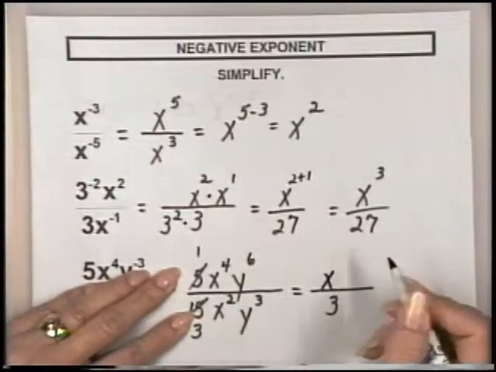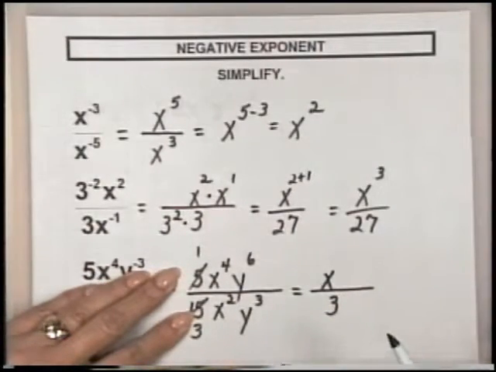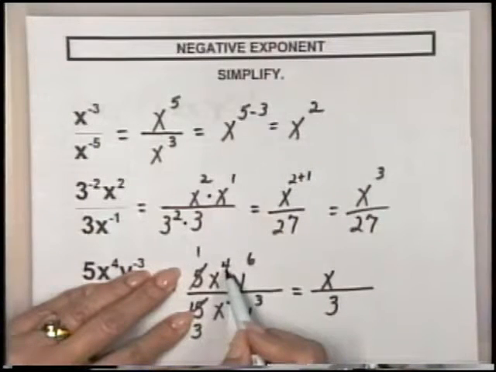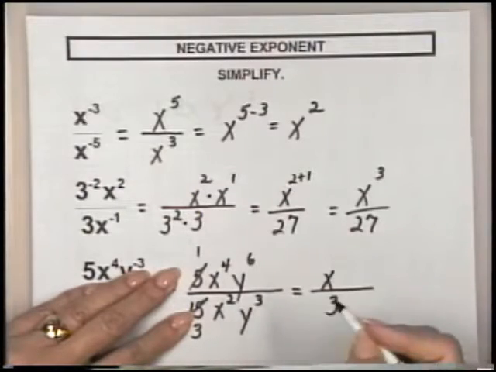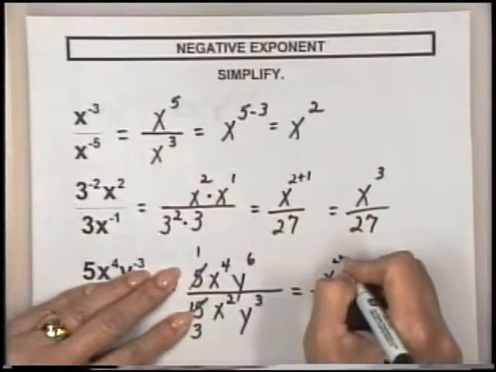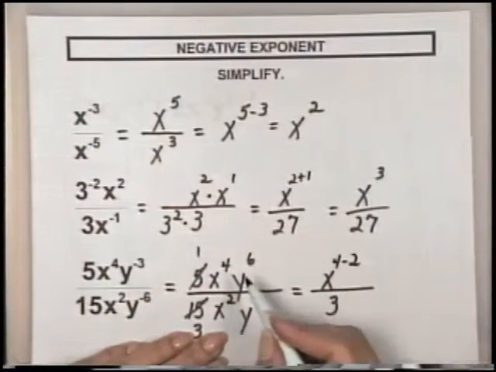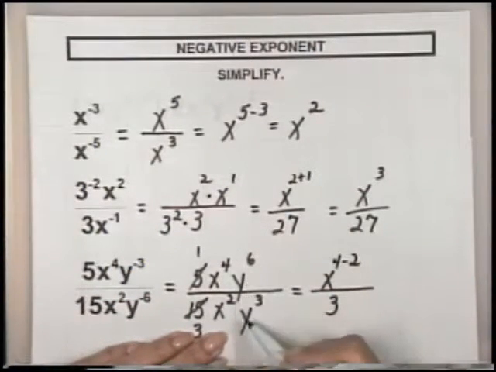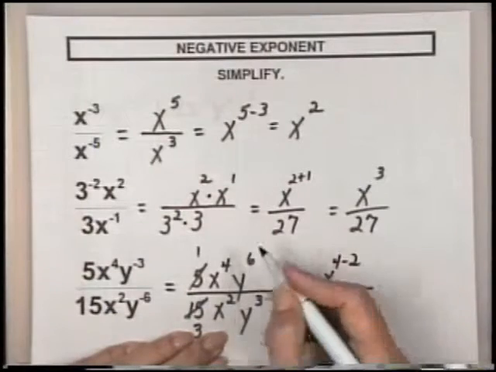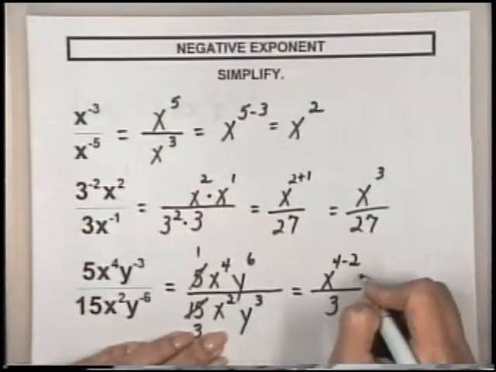Since I am dividing like bases, I will use my rule that says to subtract the exponents. Since the numerator exponent is larger than the denominator exponent, I know the x stays in the numerator and the power is 4 minus 2. For the y's, I am also dividing like bases.